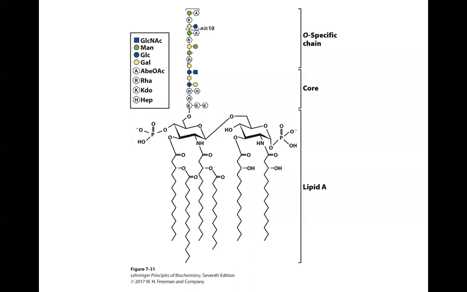Now there's some more detailed structure. This is the core that doesn't change very much. And now there's an O-specific chain. The O-specific chain is a bit longer, and so on and so forth. So again, lipopolysaccharide in many cases is used as a barrier, for example, to stop penetration of small molecules, the toxins.